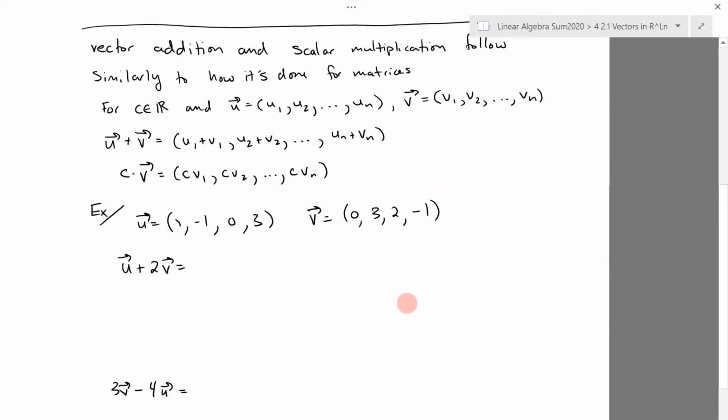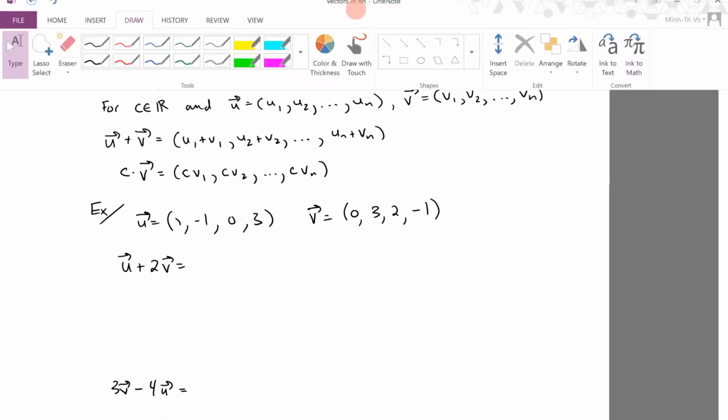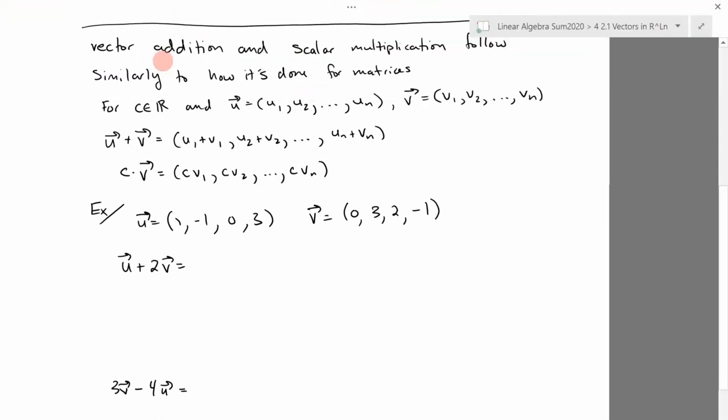Okay, so let's do the calculation in these examples. So here I'm asking you to calculate u plus 2v. So u is 1, -1, 0, 3, and then plus 2 times 0, 3, 2, -1. So if I do this, u stays the same.